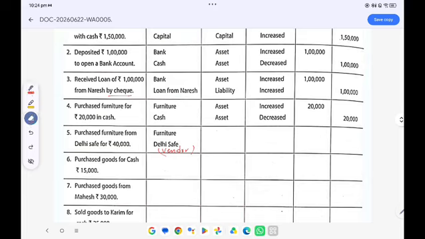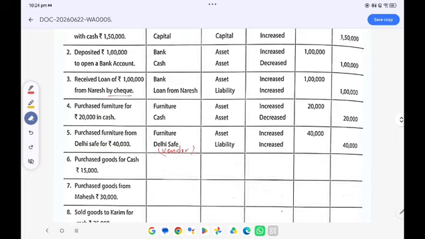Furniture is an asset. Delhi Safe, the vendor, is a liability to us. The asset we newly got has increased and the liability also increased. Our furniture is increased, and at the same time we owe money to the vendor, so Delhi Safe also increased. If an asset increases, it is a debit, and if a liability increases, it is a credit.